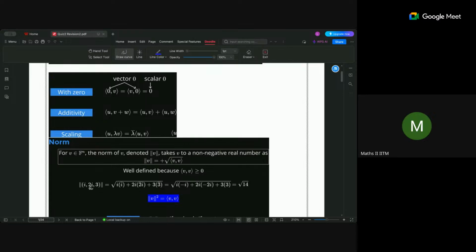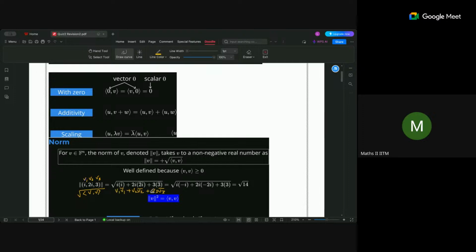Here you see that this is your v1, v2, v3. So v1 v1 bar plus v2 v2 bar plus v3 v3 bar, because this is the inner product of v comma v.